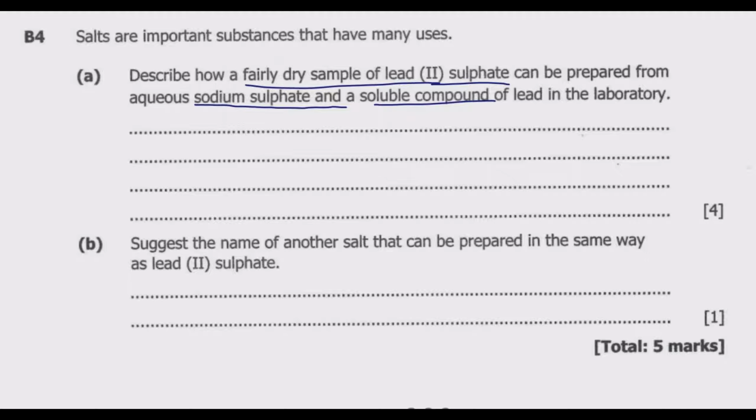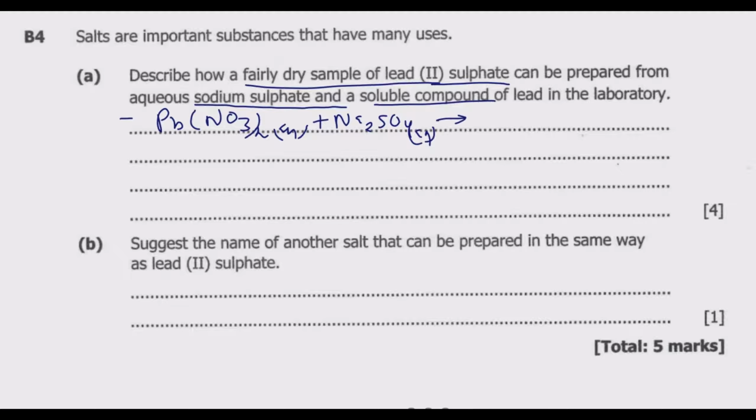So what is going to happen in this case is we are going to react, number 1, lead nitrate, which is in the aqueous form, with sodium sulphate, which is also in the aqueous form.